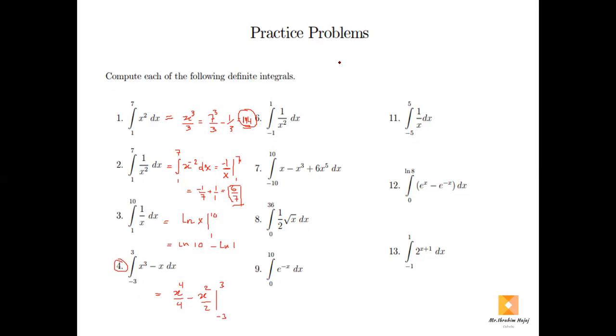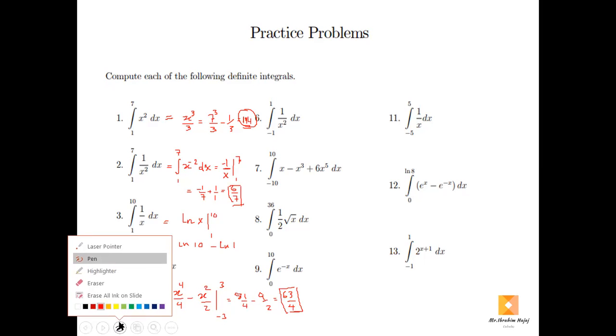First of all, replace 3: 3 to the power of 4 over 4 minus 9 over 2, so 63 over 4.